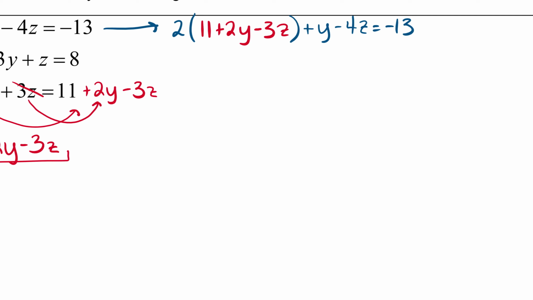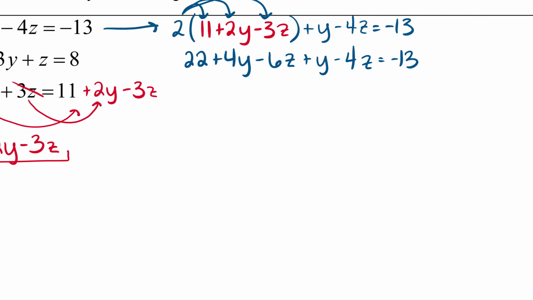It doesn't really matter. So I'm going to go ahead and distribute the 2 because we have to, because of parentheses. So 2 times 11, 2 times 2y, and 2 times negative 3z. And then of course this doesn't change yet because we haven't done anything else.